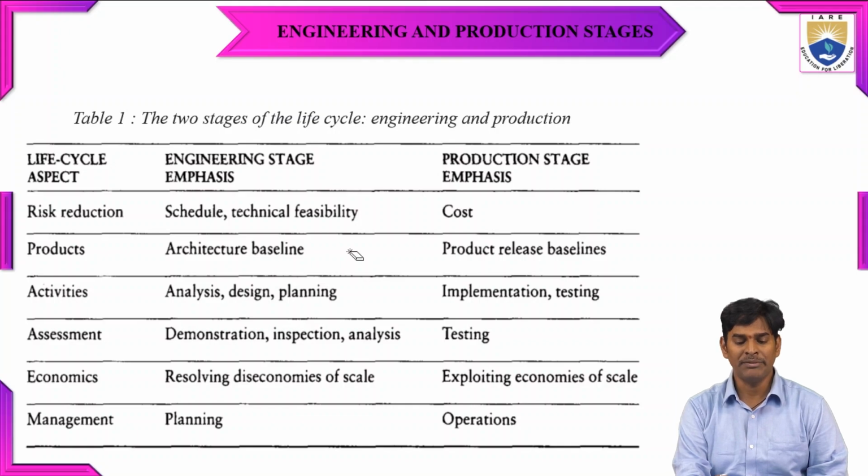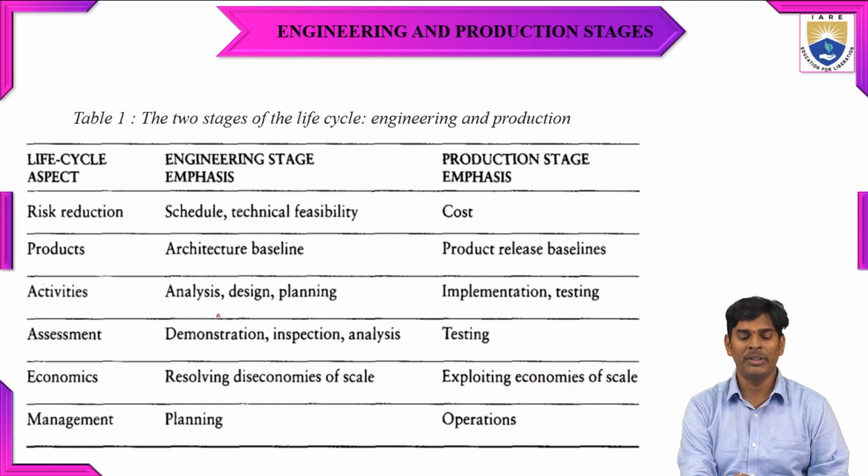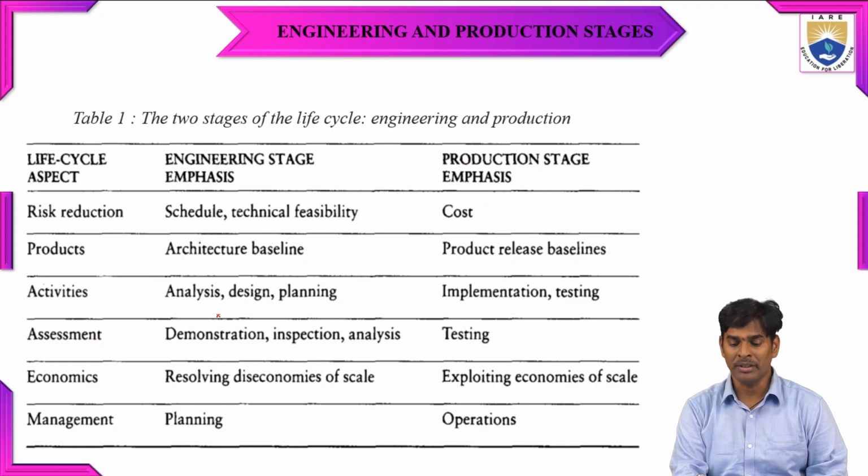The activities performed in the engineering emphasis are analysis, design, and planning. Whereas in production, they are going to deliver the product, so they use implementation and testing. Testing happens in the production stage.